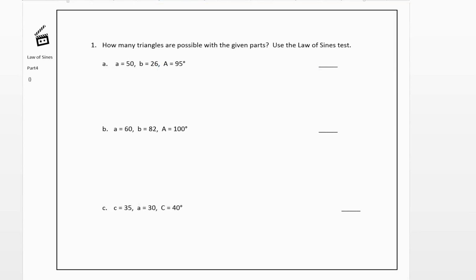Okay, here we're going to use the test that we just talked about to determine how many triangles there are. So here we're going to look at angle A and first decide if it's obtuse or acute. Here it's obtuse, and this one's acute. We want to check whether side a, the one that's opposite angle A, is bigger than the other one. And it is, so here we'll get 1 triangle.